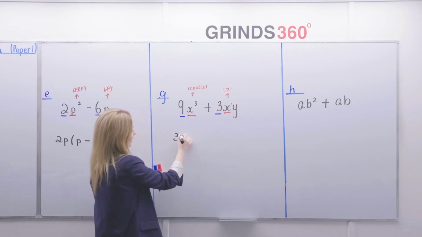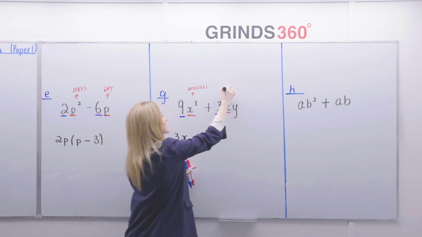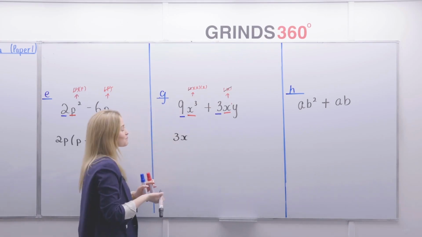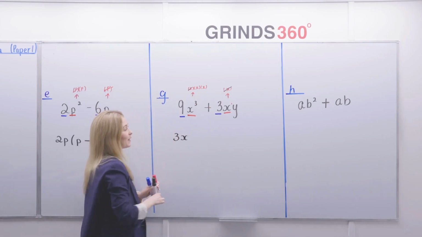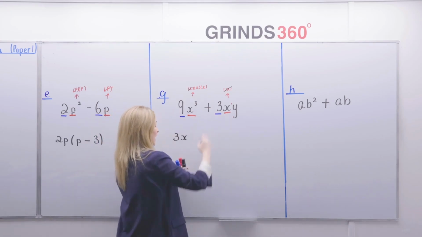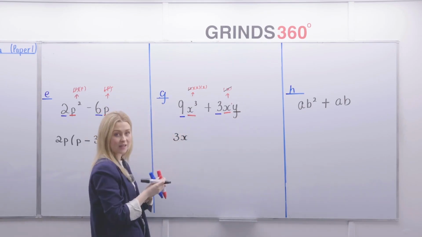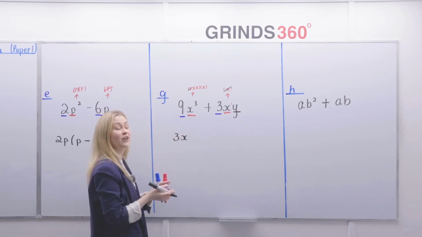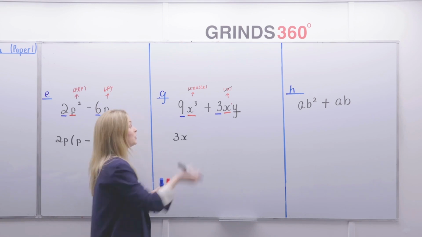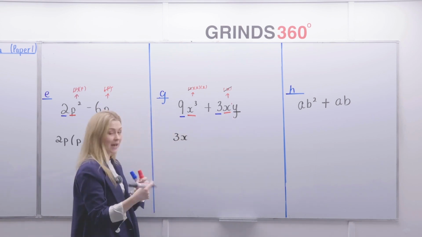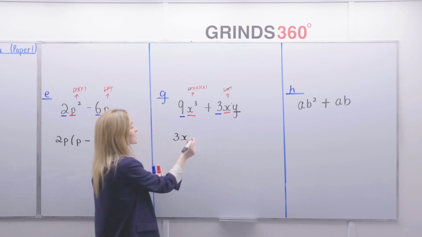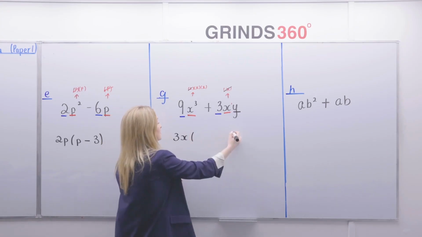So I'm going to pull out x. It's like we're taking an x from either side. Finally, we have y. However, there's no y in the first term, 9x cubed. So it cannot be a common factor between these two terms, so we can't pull it out. So 3x is my highest common factor.